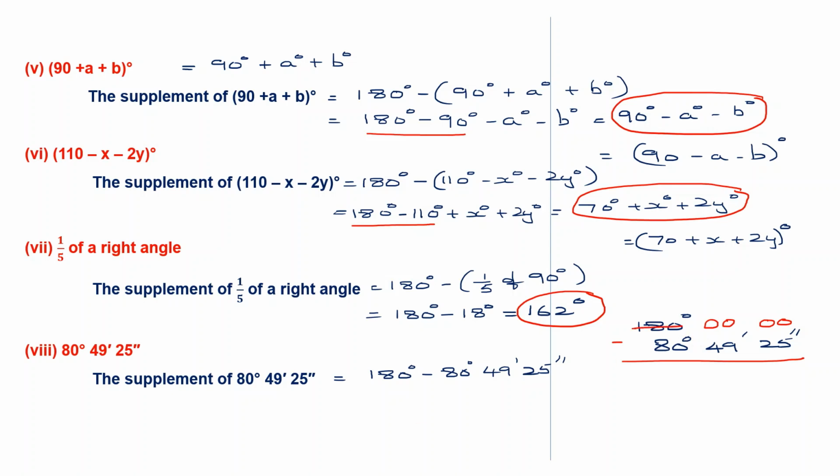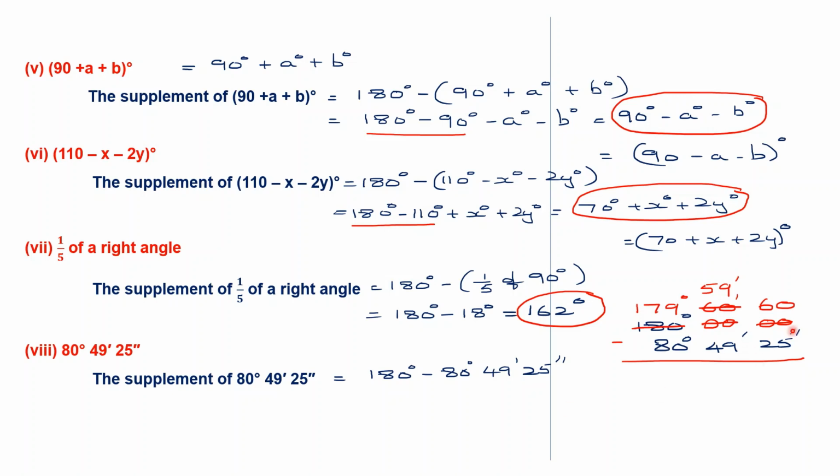This now becomes 179 degrees. Since we have taken 1 degree from there, this becomes 60 minutes. Now from the 60 minutes, we take 1 minute, so 60 becomes 59 minutes. And here the seconds become 60 seconds. I hope you understood how we got this.